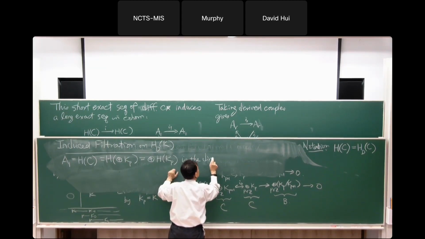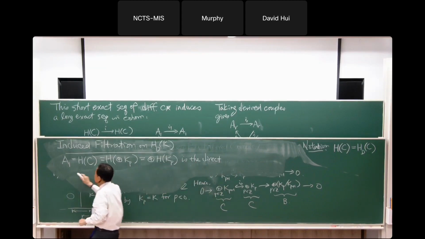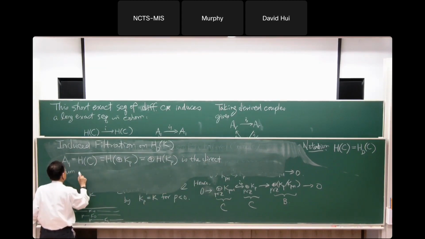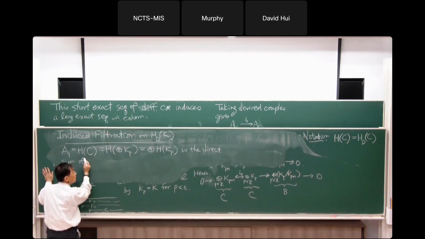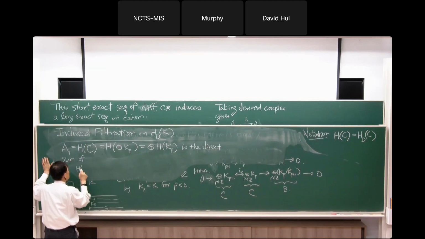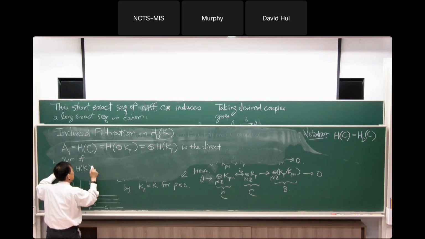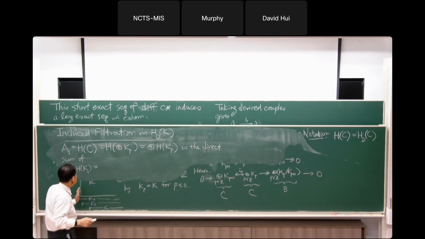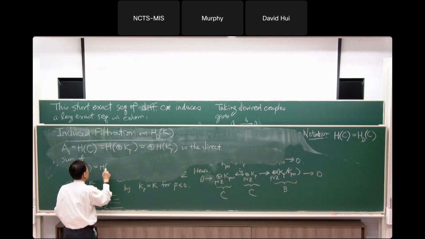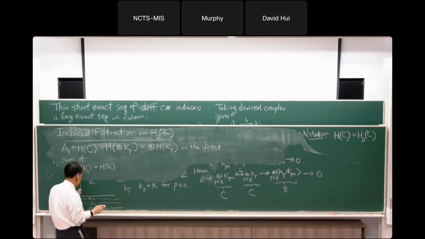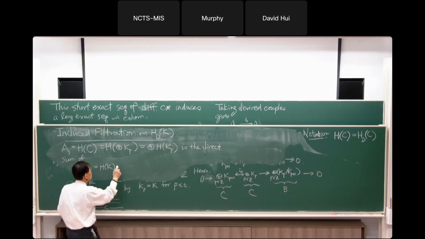It's the direct sum of, the terms are H of K. Now, you actually have H of K_{-1}, but that's the same as H of K, which is H of K0.